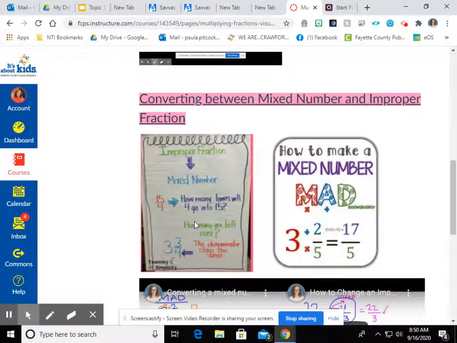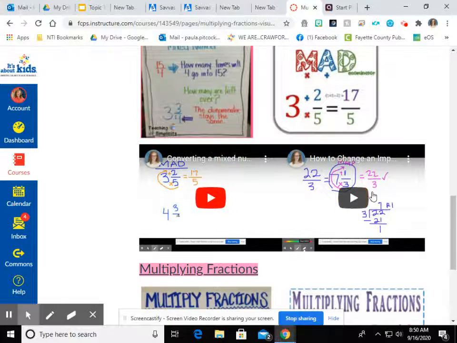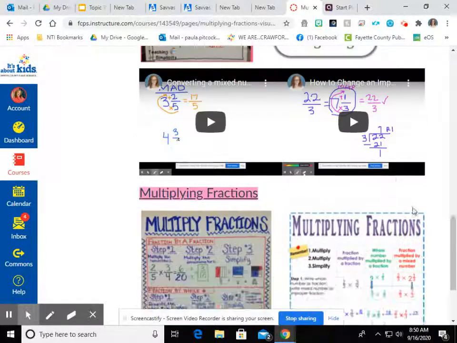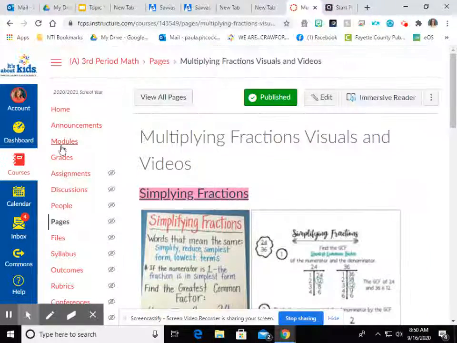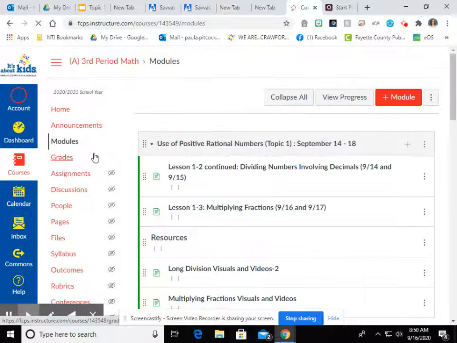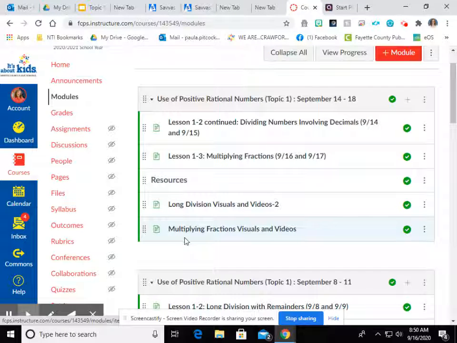There are posters to show you how to convert between mixed numbers and improper fractions, as well as videos to show you how to switch between the two. And then there's directions for multiplying fractions. If you don't know where that is, it's in modules, and under resources for this week's module, it says multiplying fractions, visuals, and videos.